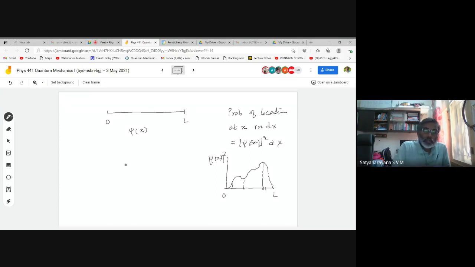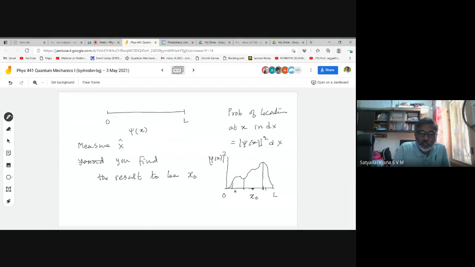Now you are bringing in the concept of measurement. Suppose you measure x, then you find the result to be, let's say, x naught. So that is a particular value here. Let us say this is x naught.